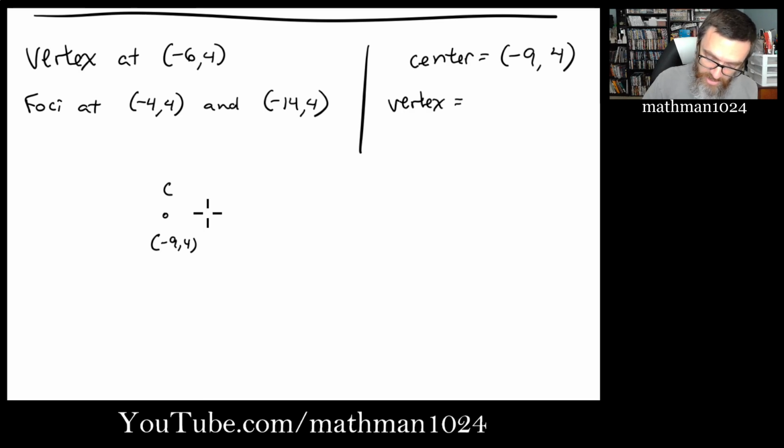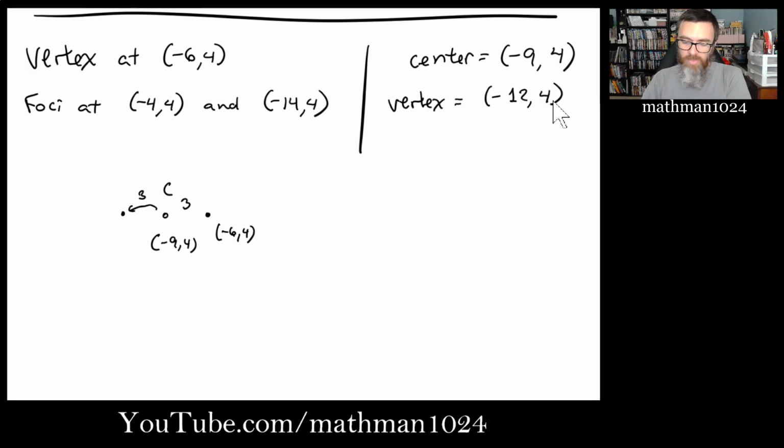One vertex is over here at negative 6, 4. So you can see that this is 3 units over here to the right. So then we have another vertex, which is going to be 3 units over here to the left. So if we subtract 3 from negative 9, we have the other vertex at negative 12, positive 4.